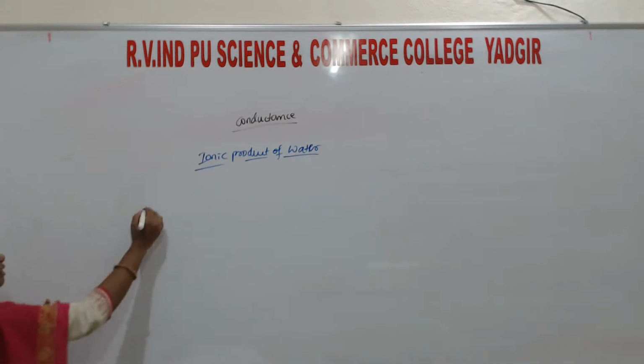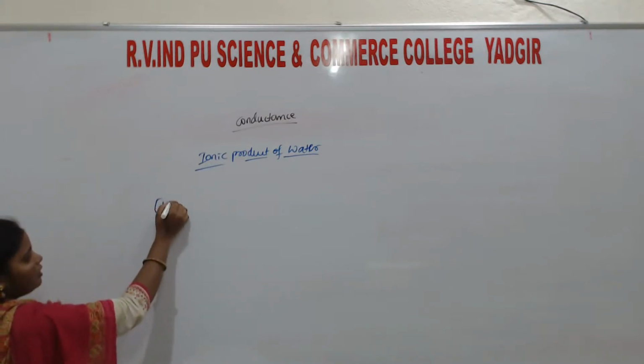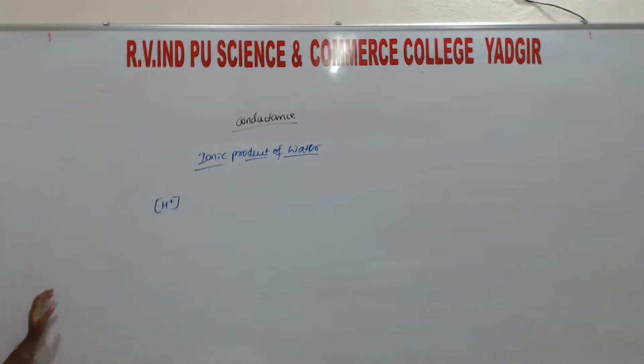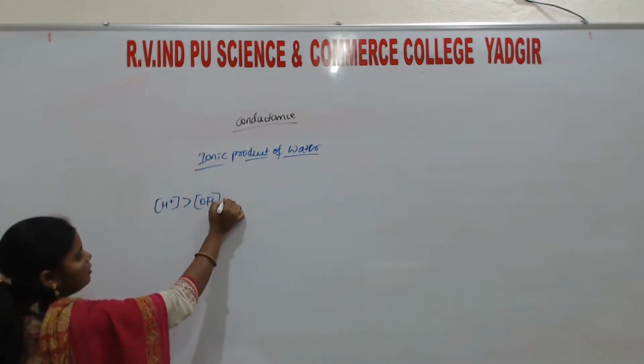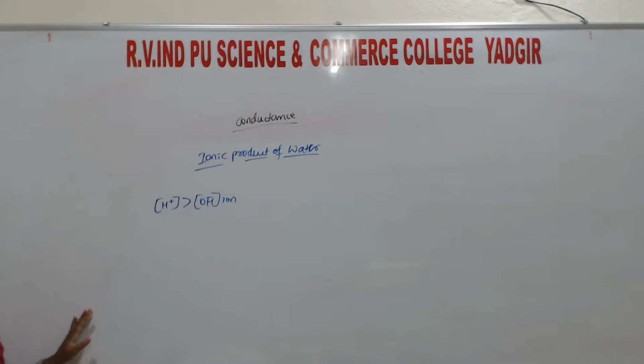Here, if the concentration of H plus, that is the hydrogen ion, is greater than the OH minus ion, then the solution is acidic.